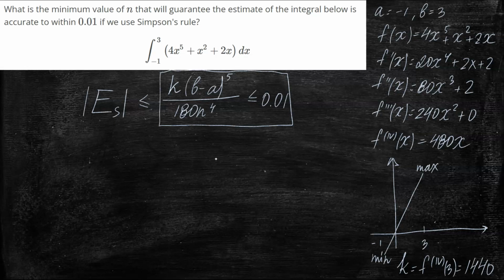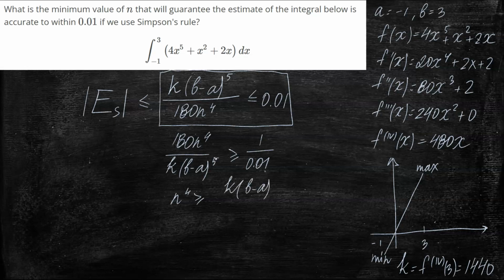Now we can solve this inequality for n. The first thing I'm going to do is flip everything, including the inequality. And now I'm going to isolate n to the fourth by manipulating this inequality. Everything is positive, so I'm going to multiply everything by k (b minus a) to the power of 5 and divide everything by 180.